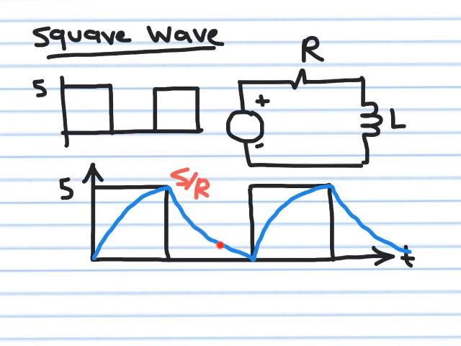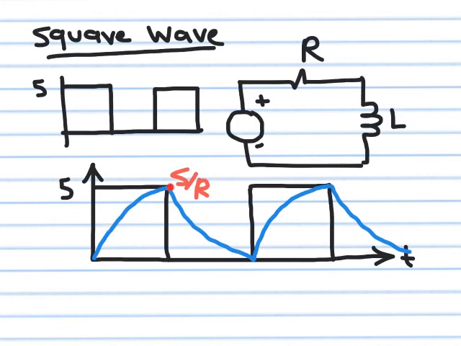If this duration of time is sufficiently large, then it will have approached pretty much zero. Of course, if it's narrow, then it's maybe going to discharge to a fraction of 5 over r. Again, if the pulse repeats, it's charged again. If this becomes 5 again, the inductor current will start to charge again.